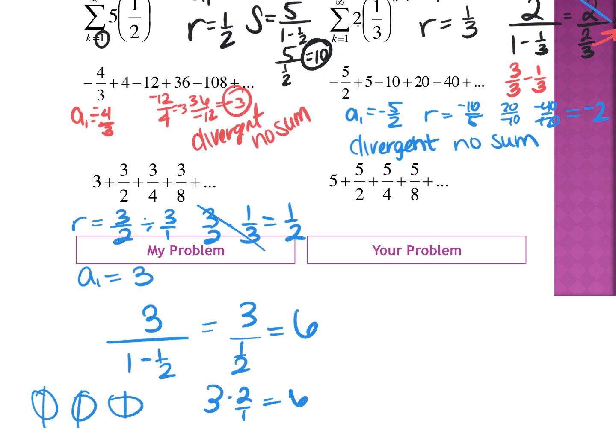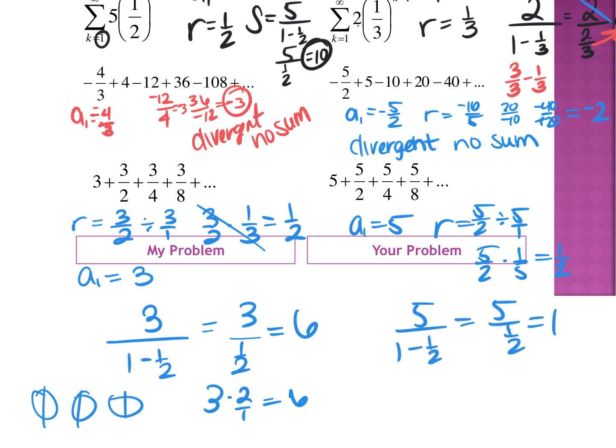Okay, you should have done it already. a1 is 5. r is 5/2 divided by 5 over 1, which is 5/2 times 1/5, also 1/2, which is less than 1. So we have a sum. So 5, a1, over 1 minus r. 5 divided by 1/2 is 10. And that is your infinite geometric series.